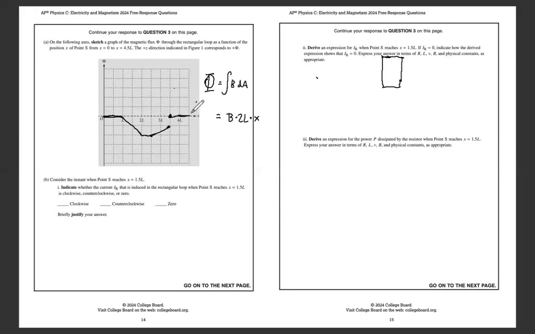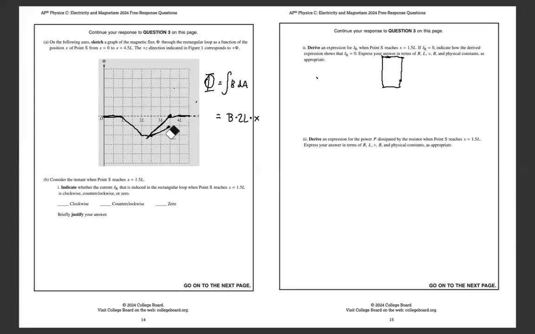That part I'm sure about. But as you're going from 2.5L to 3.5L, you're increasing the flux out of the page, and you're decreasing how much of it is going into the page. Both of those are proportional to x, so it is going to be the same rate.